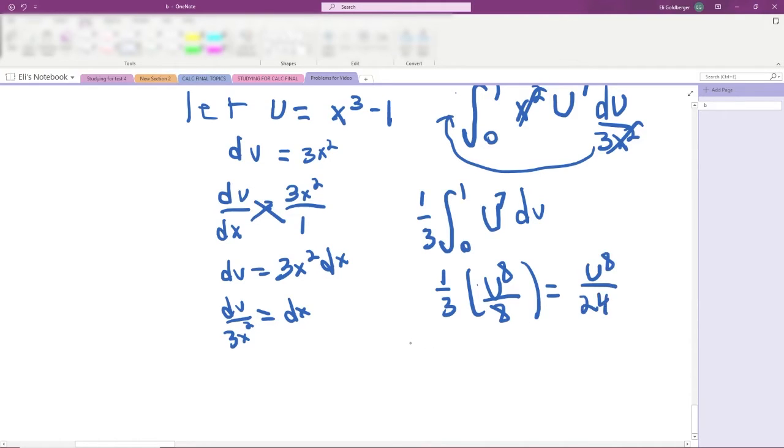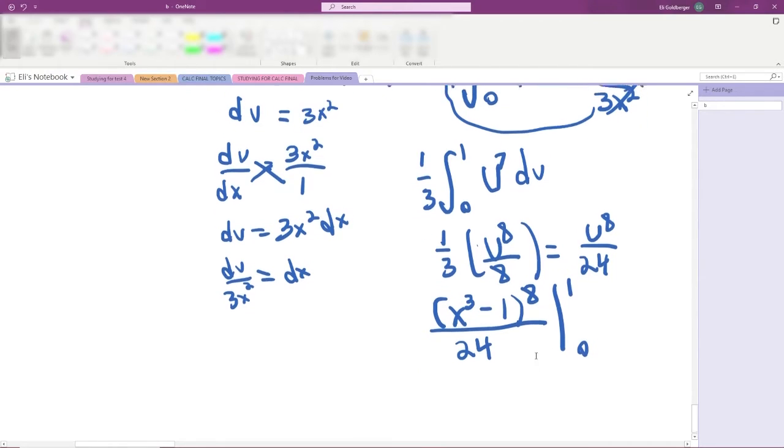And now let's substitute u back in. We said let u equal x cubed minus 1. So we'll do x cubed minus 1 to the 8th power over 24. And now it's a definite integral from 0 to 1 still.